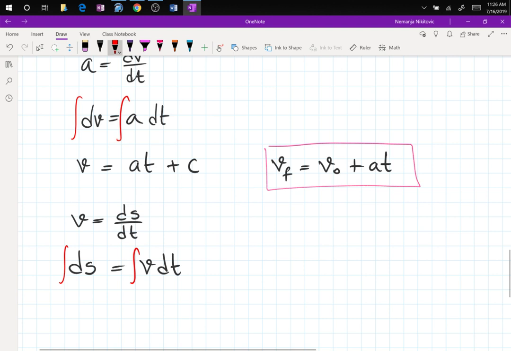You put position on one side and time on the other, integrate both sides, and here is your position function, which would be velocity times time plus some constant c.